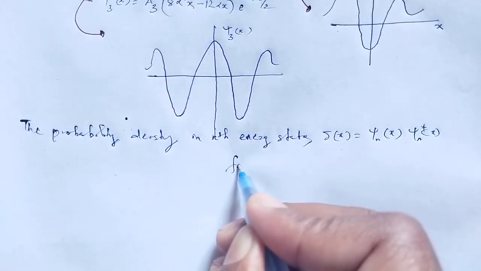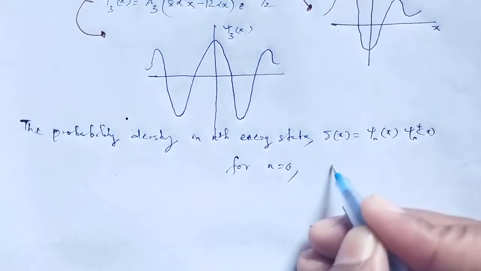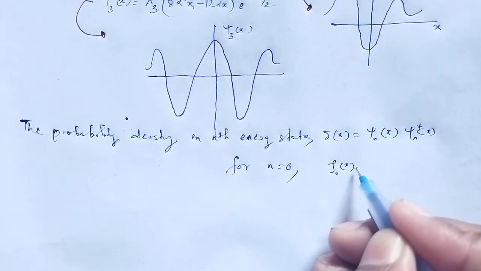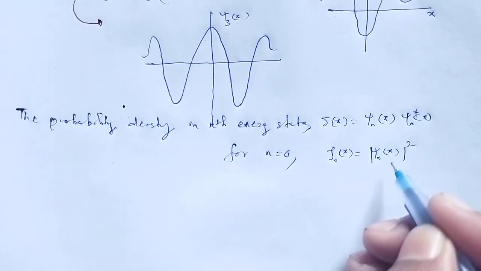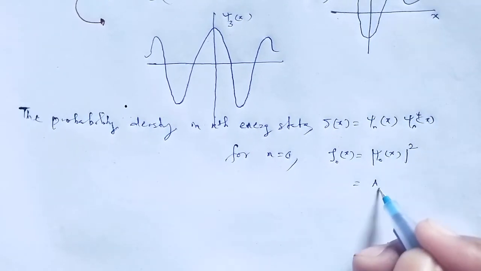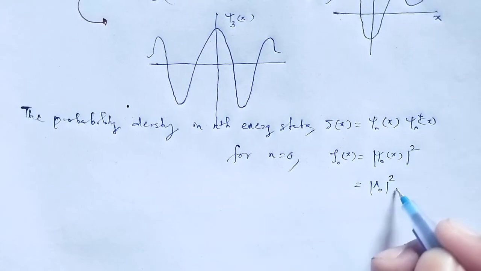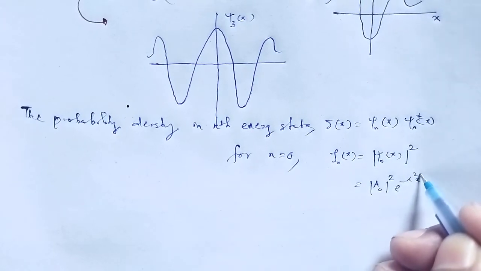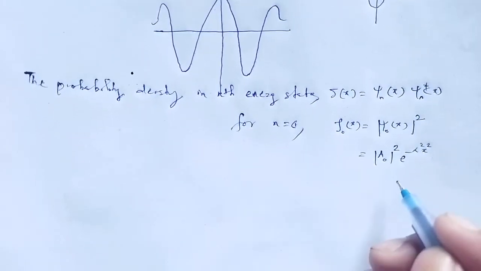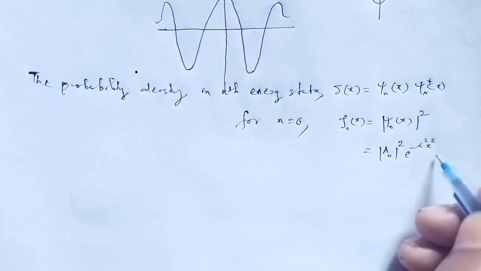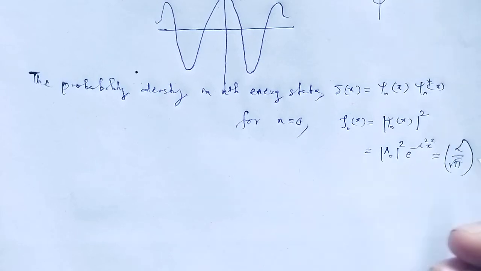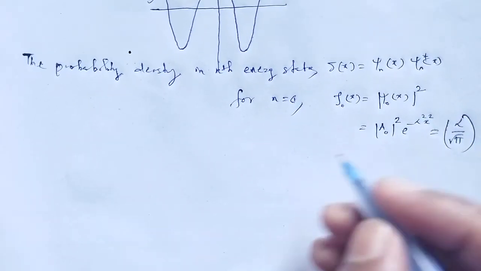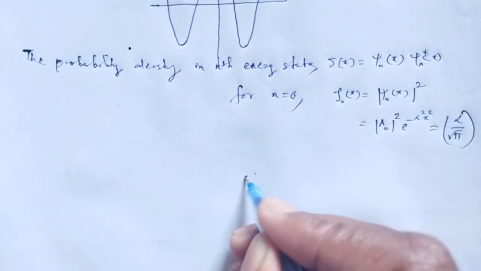For n is equal to 0, rho naught of x is equal to the magnitude square of psi naught of x, that is A naught magnitude square e to the power minus alpha square x square, is equal to alpha divided by under root pi, and its graphical representation looks like this.